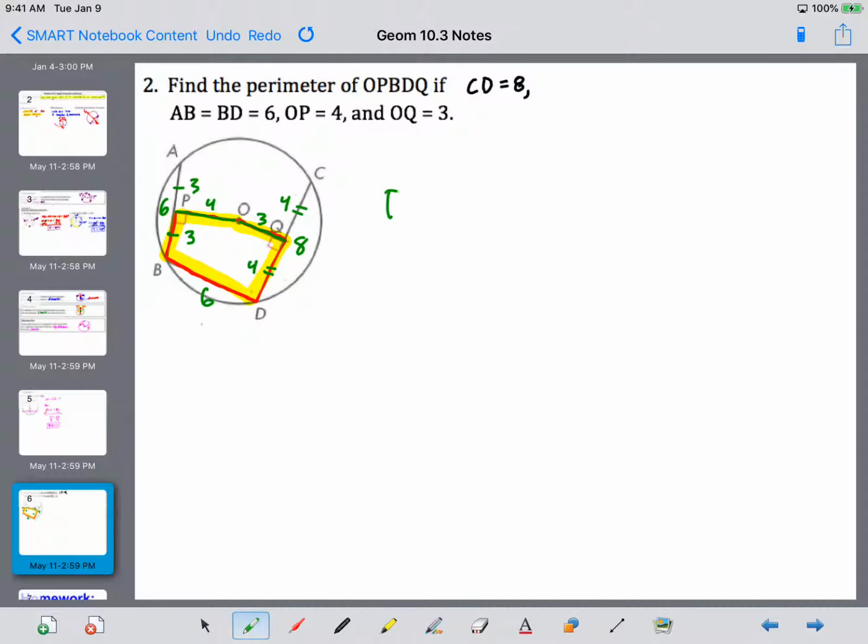So the perimeter we can find by adding those 5 sides, 4, 3, the bottom is 6, and then we have another 4 and 3 on the side. And let's see, 4 and 3 is 7, plus 6 is 13, plus 7 again is 20. So we get a perimeter of 20.